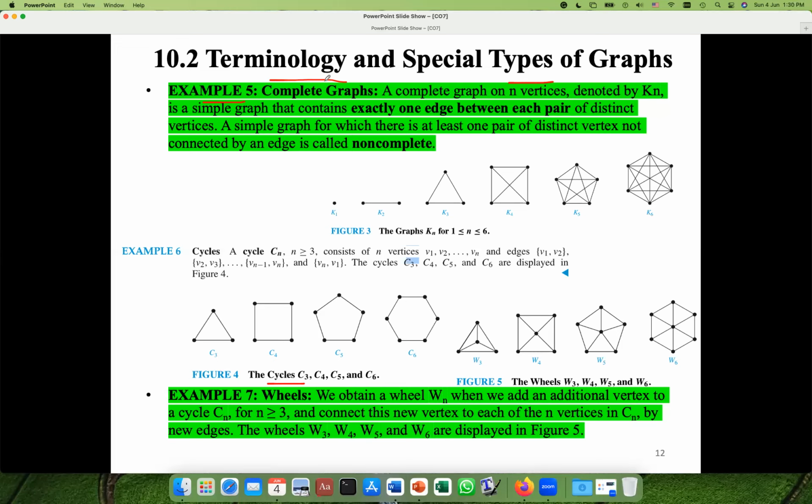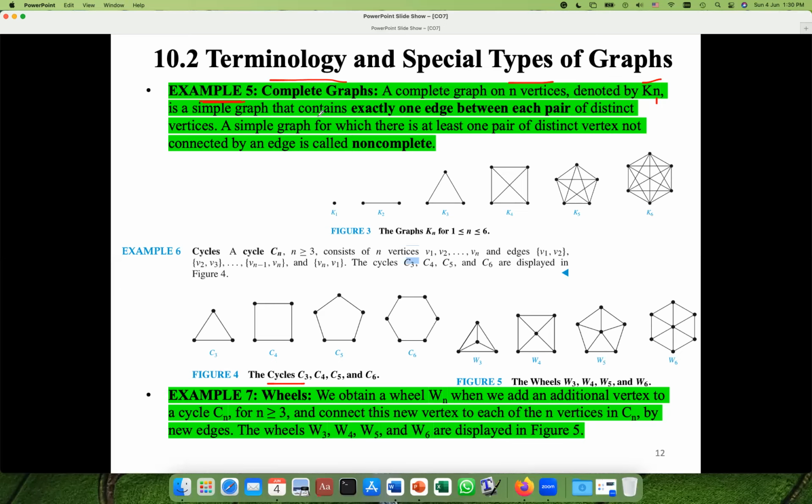So what is a complete graph? You can represent it with Kn. K is just a variable, and n means one vertex, two vertices, three vertices, four vertices, or whatever it is. A complete graph is first a simple graph. The meaning of simple graph is that it will not contain loops and will not contain multiple edges.